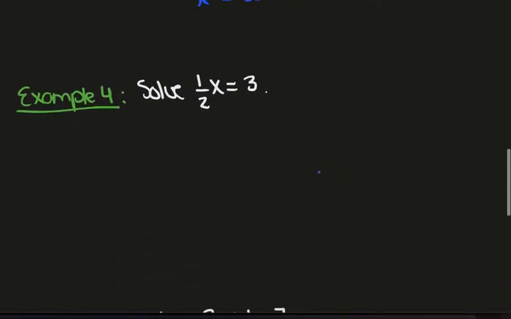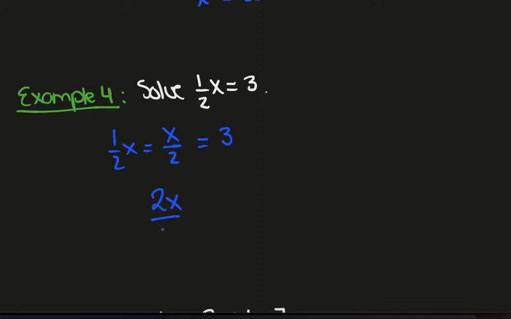Next example, solve 1/2 x equals 3. Now this is a multiplication by 1/2, but 1/2 x is the same as x divided by 2. So really what we have is that this equation is x divided by 2 equals 3. Now the opposite of division by 2 is multiplication by 2.